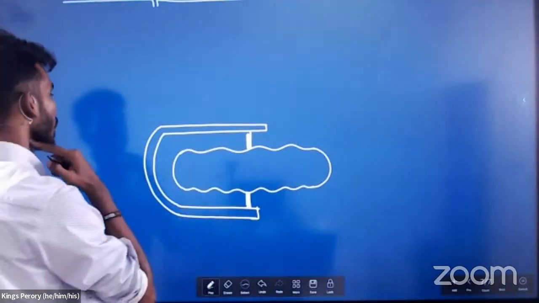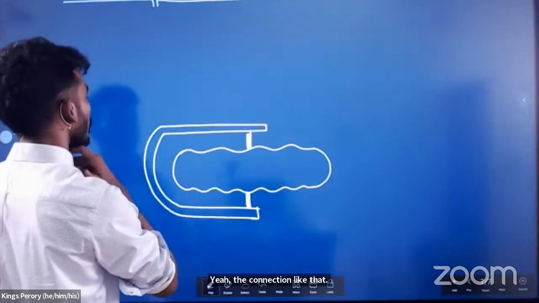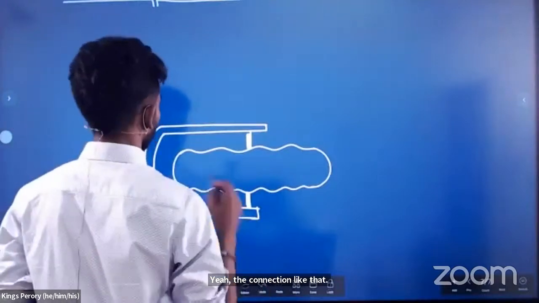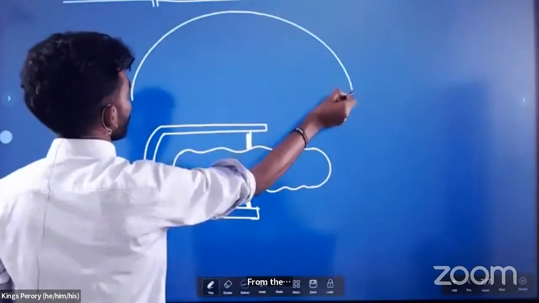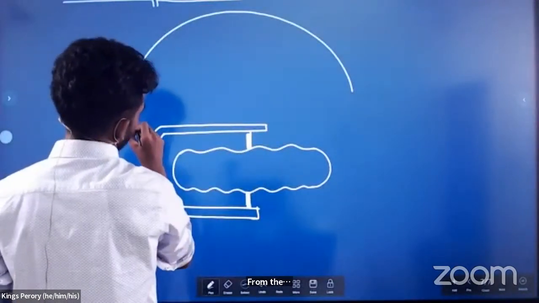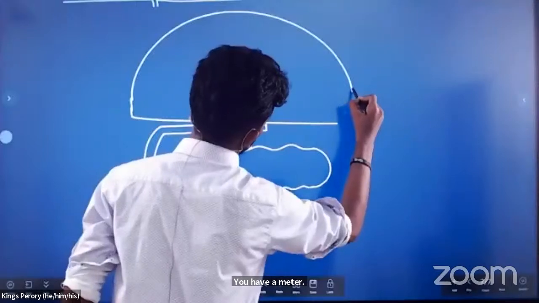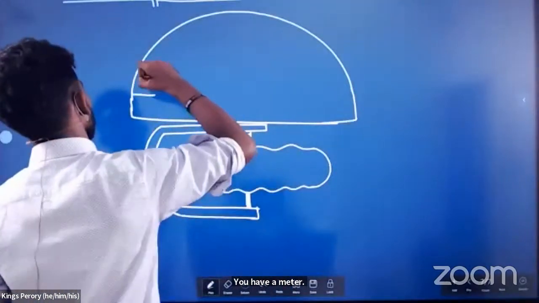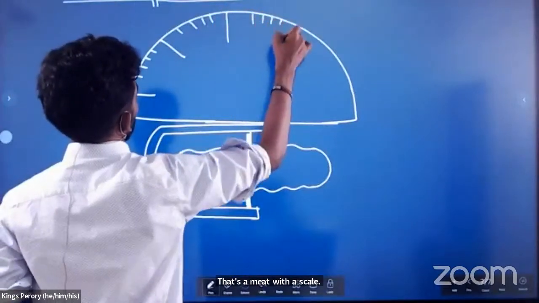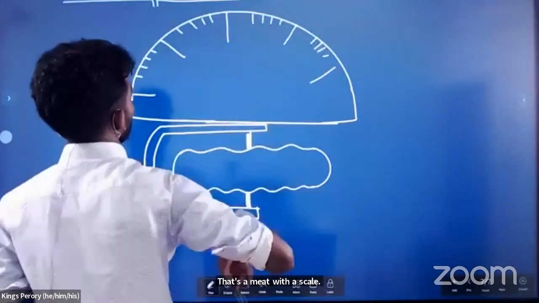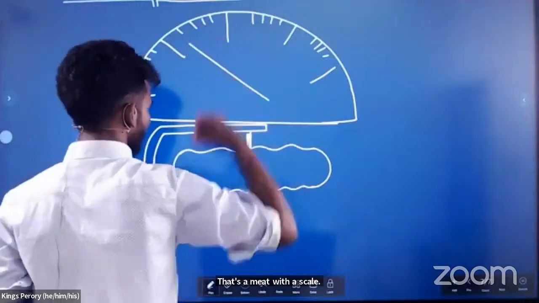From there, you have a meter. That's the meter, a scale.